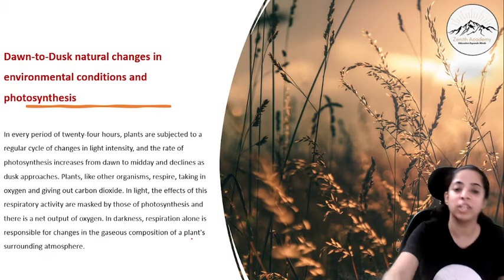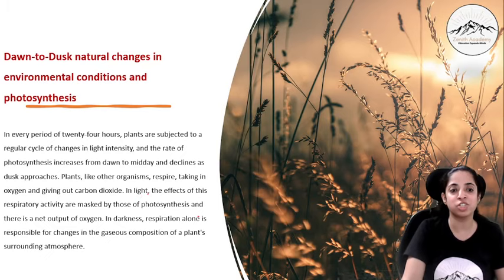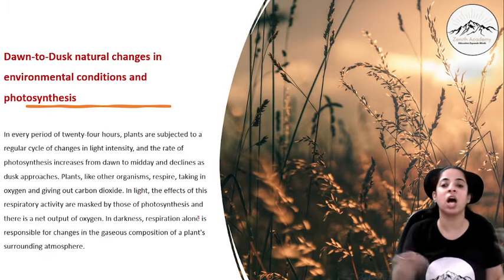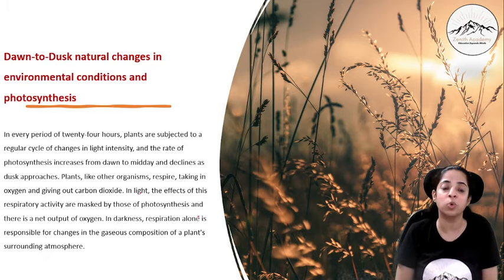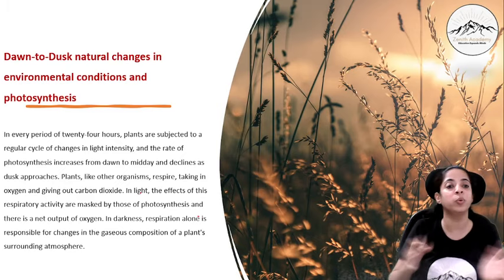Now I am explaining you some important concepts, or you can say important points here. So dawn to dusk, natural changes in the environmental conditions and photosynthesis. How photosynthesis is related to the natural changes in the environment that is happening from dawn to dusk.